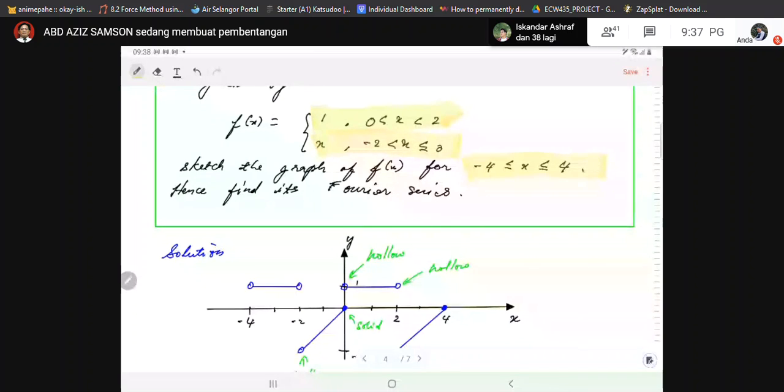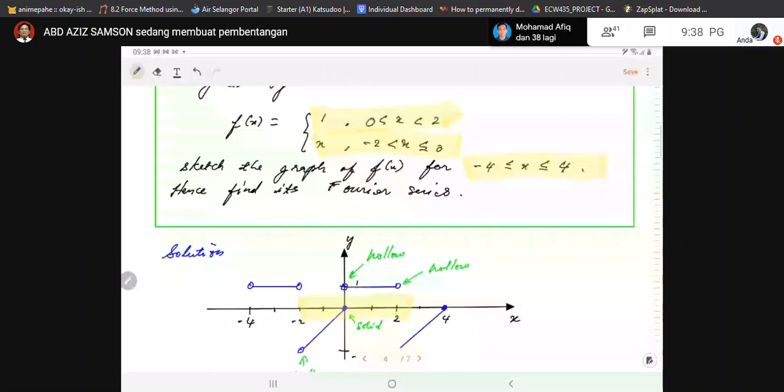Remember that when we did Legendre polynomials, we had a piecewise continuous function, where the function is split within an interval. So in this case, the basic function, first you need to highlight the interval between -2 and 2.